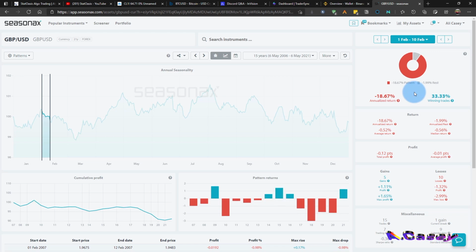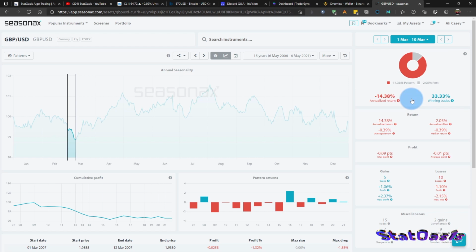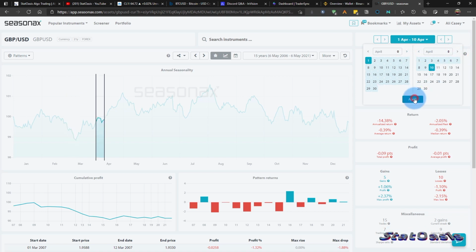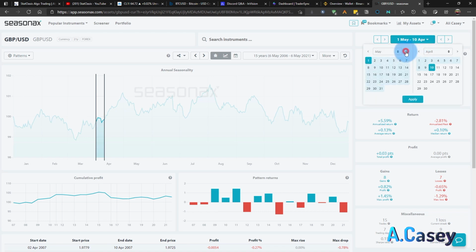This is February, again 67% winning on the short side, and we can move to March, again 67%, and we do April. Now April is 50-50, so let's keep that in mind.